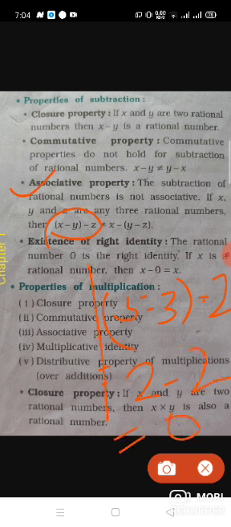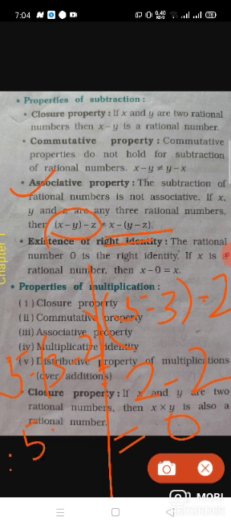Now we are doing x minus (y minus z). We know that the value of x is 5, the value of y is 3, and the value of z is 2.